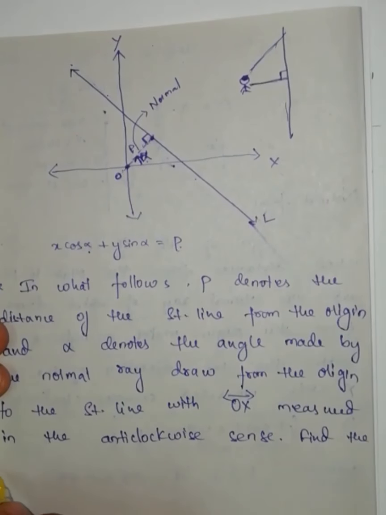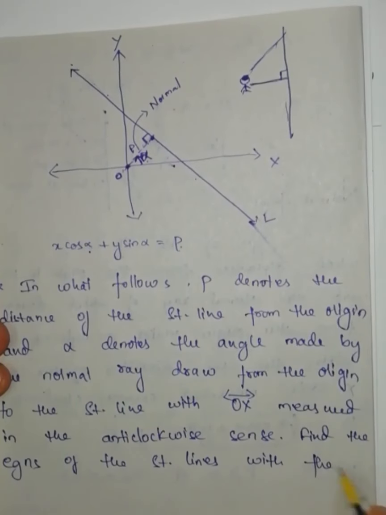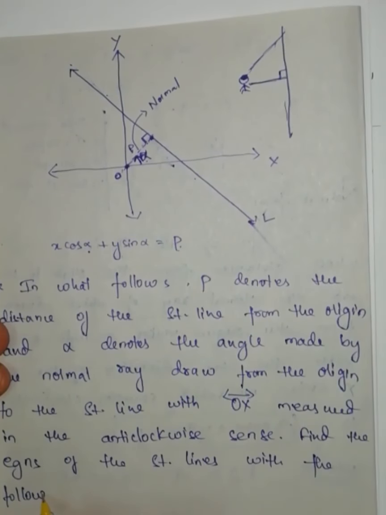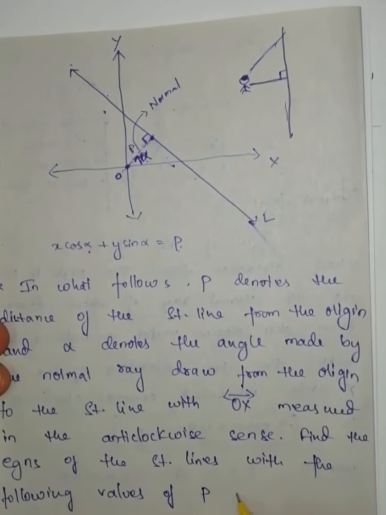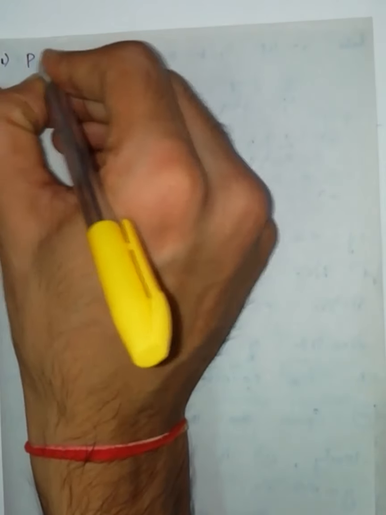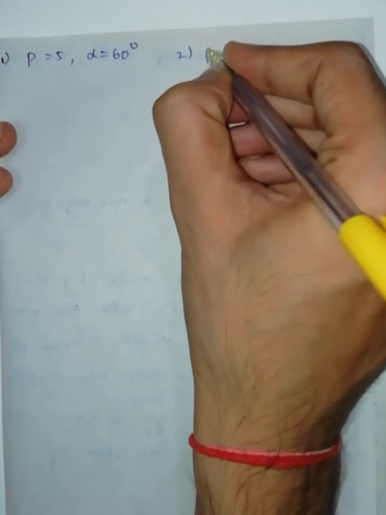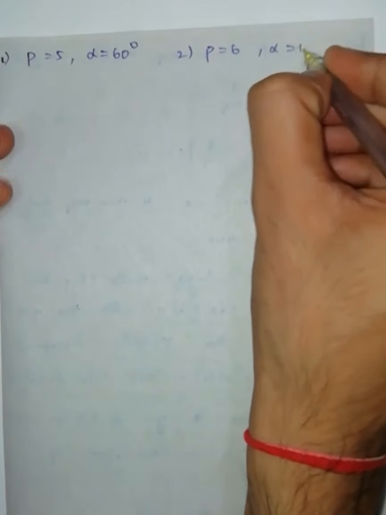Find the equations of the straight lines with the following values of P and alpha. In this we have sub questions. First one, P is equal to 5, alpha is equal to 60 degrees. Second one, P is equal to 6, alpha is equal to 150 degrees.